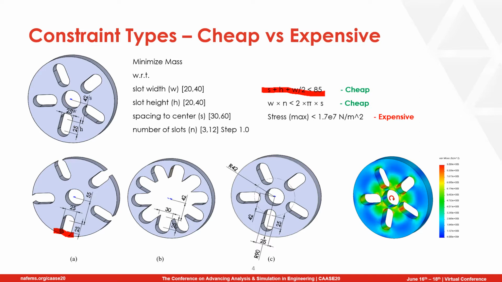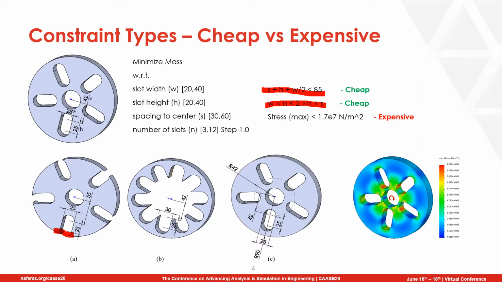And the second constraint is controlling the slot width and the number of slots so that the slots do not interconnect and cut the center hole. This is my second constraint to control the width of the slots and the number of slots.